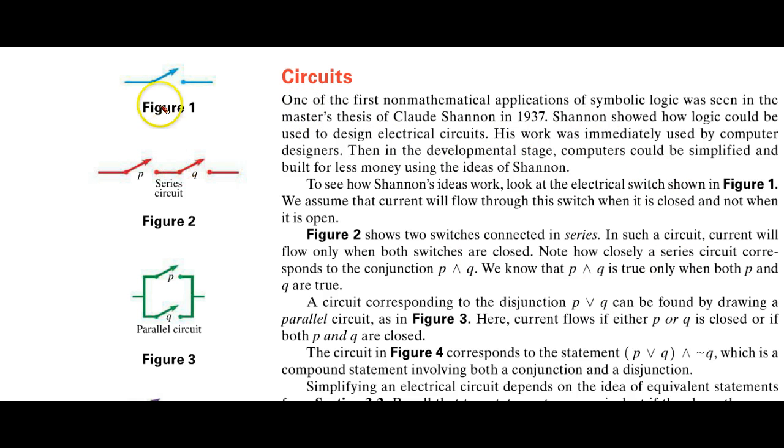So some of the background is written here. And when you have a single series circuit like this, in order for it to work, they all have to be closed. So these are AND or conjunctions. In a parallel circuit, if one is open and one is closed, it would still work.